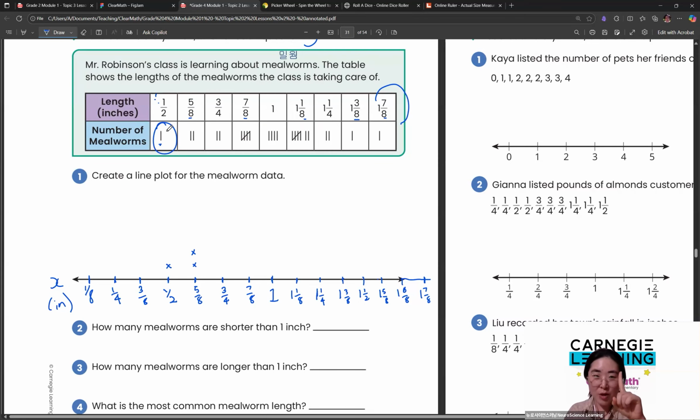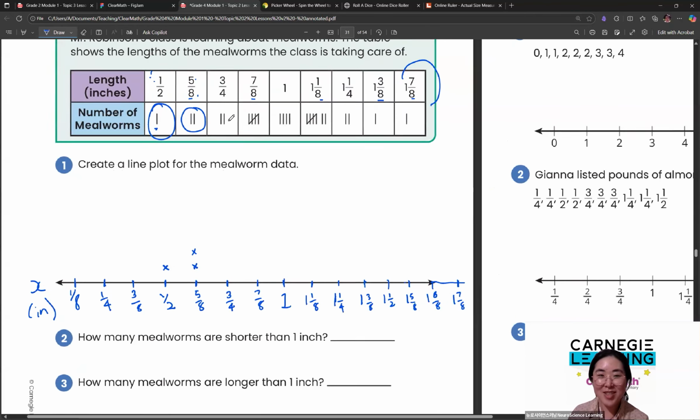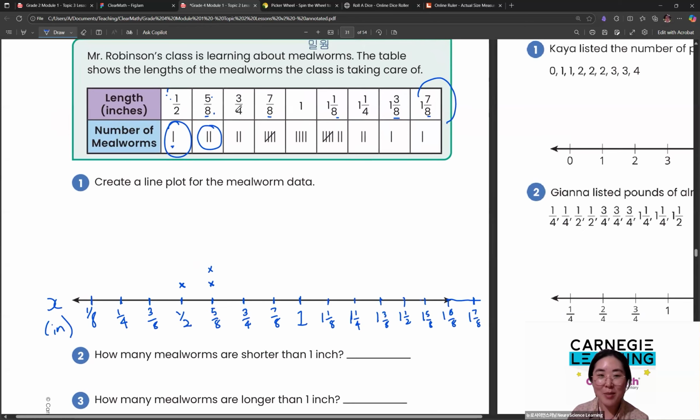So one mealworm is 1/2 inch long. So I draw an X here. And then we have 2 mealworms that are 5/8 of an inch long. So then we draw 2 X's here. Okay, now Eugene, how many mealworms are 3/4 inches long? 2. That's right. So we draw 2 X's here. So this is what a line plot looks like.